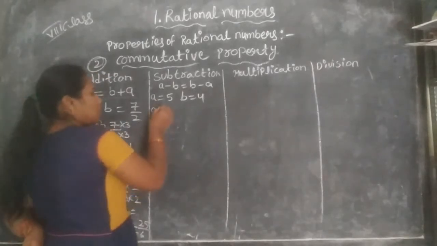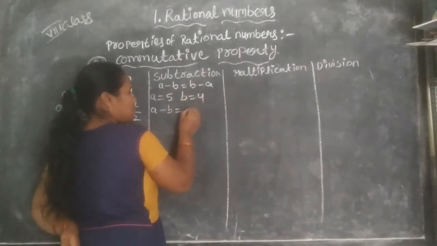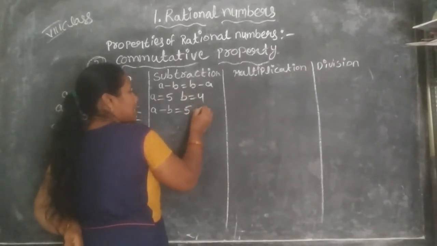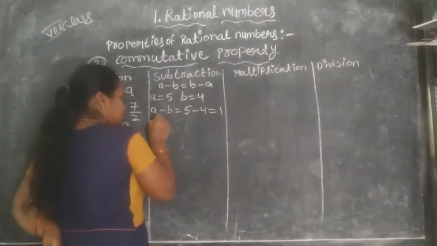A minus B is 5 minus 4. What is the answer? 1 is the answer.